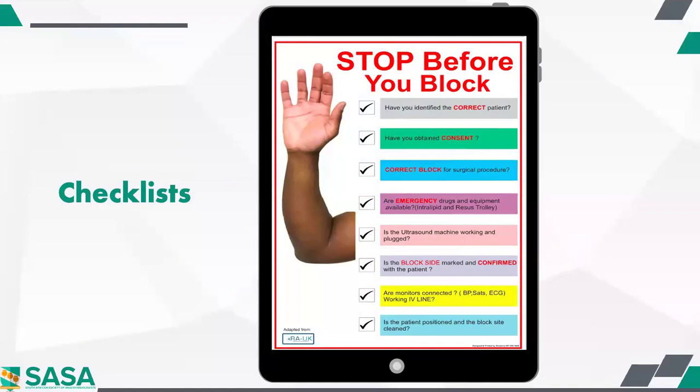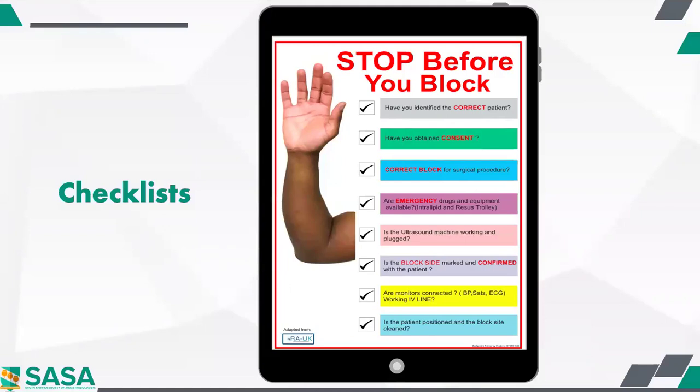We establish that consent has been obtained, both written and verbal, and that the patient is aware of the possible complications that can occur due to the administration of the block. We make sure that the surgical site has been marked, and we all agree as a team that the proper site has been marked and the correct block for that particular operation is being performed.